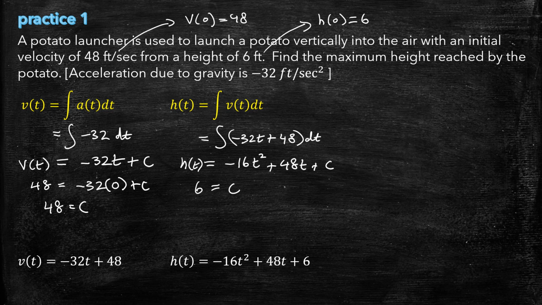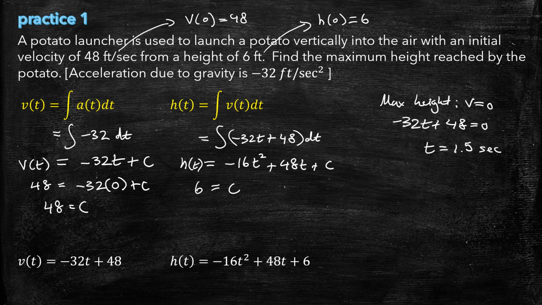And if we want to find the maximum height, well, we have to recall back to earlier material. That will occur when the velocity is equal to 0. So let's take the velocity formula, set it equal to 0, and if you solve that, you'll get that the maximum height occurs at 1.5 seconds.